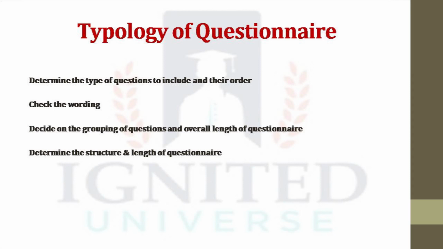Then one should avoid leading questions. Any question that provides a clue to the respondents in terms of the direction in which one wants them to answer is called a leading or biased question. For example, do you think that working mothers should buy ready to eat food when that might contain some chemical preservatives? Yes, no, don't know.